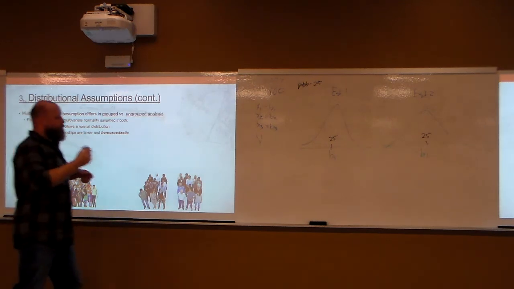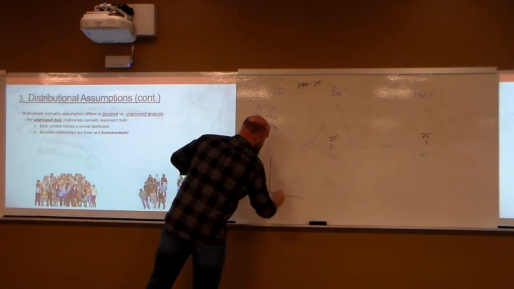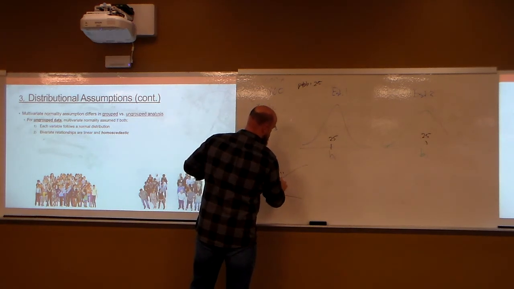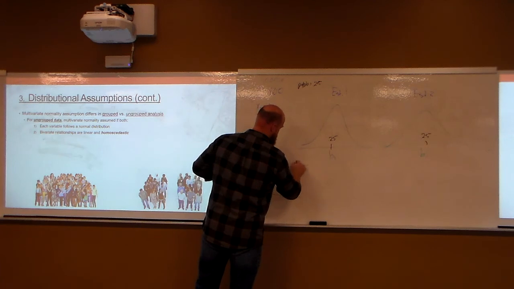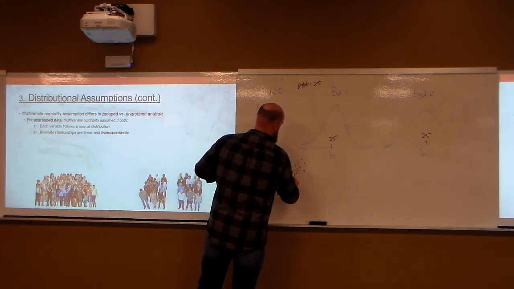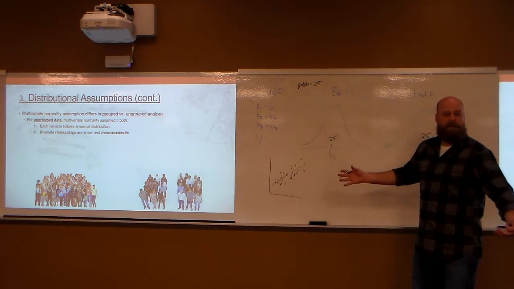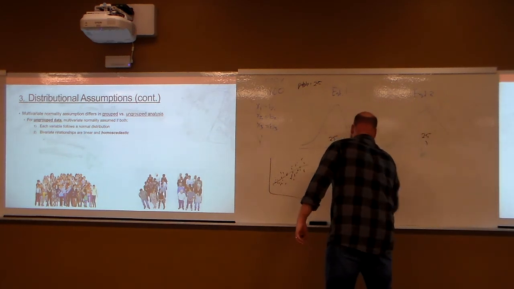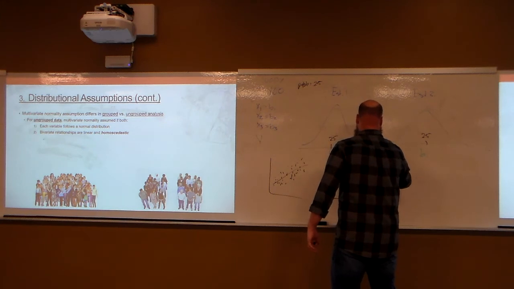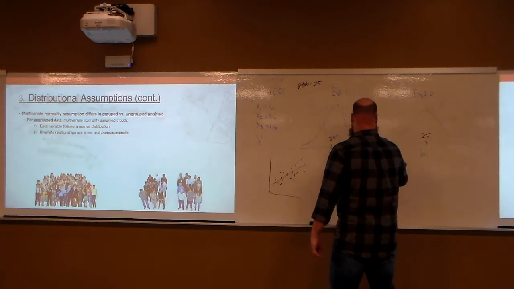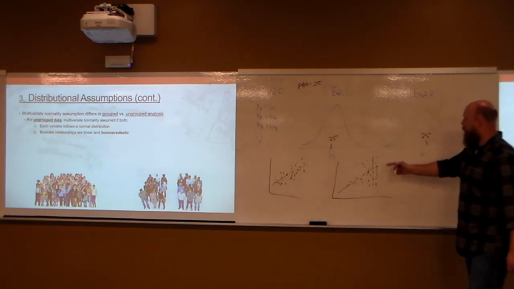If I have, basically, I want to see if this is my regression line, my individual predictors look something like that. It's a homoscedastic relation, right? But if I have something that looks like this, that's not, right?